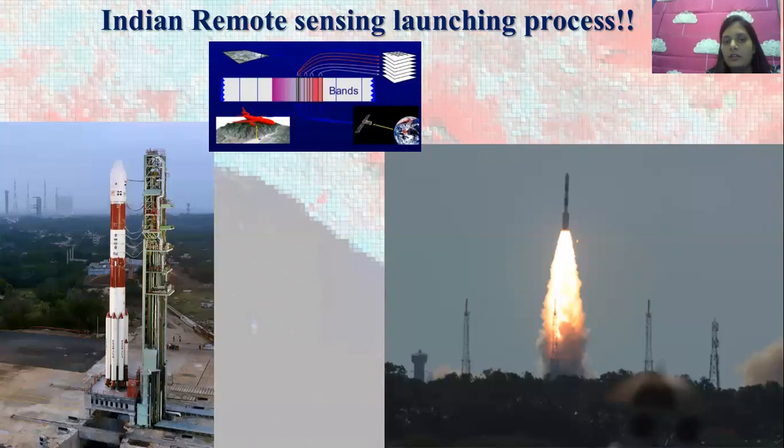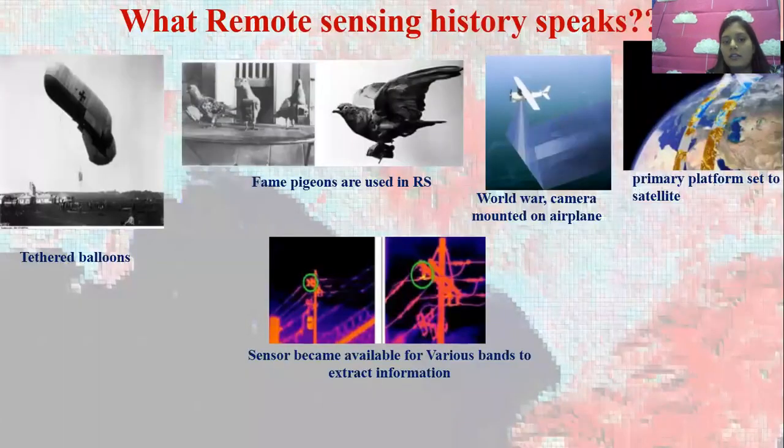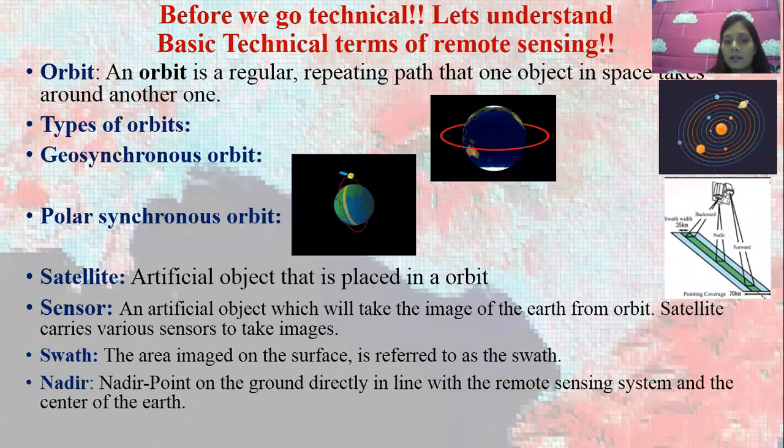Now moving further, we get to know the history of remote sensing, how it started, and ultimately we started preparing the sensors as per the requirement: what information we want to extract, we use that type of sensors, right? Next, moving further, the technical terminology. I repeat here again, even during the session I said that technical terminologies are important.